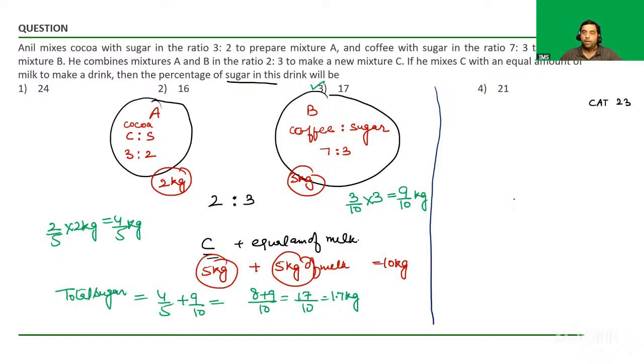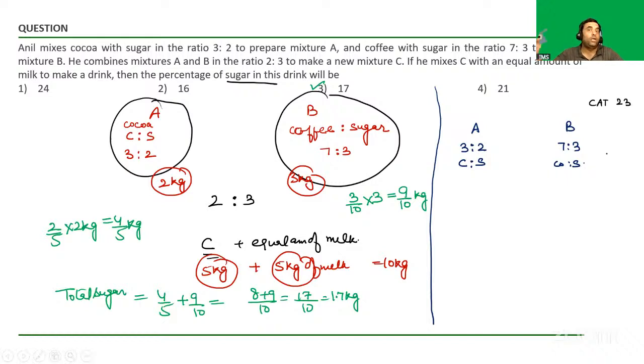Now it says A, we have got 3:2. I'm writing cocoa is to sugar. While B, it is 7:3, but in this case it is coffee is to sugar. Right? And I'm mixing them in the ratio 2:3.